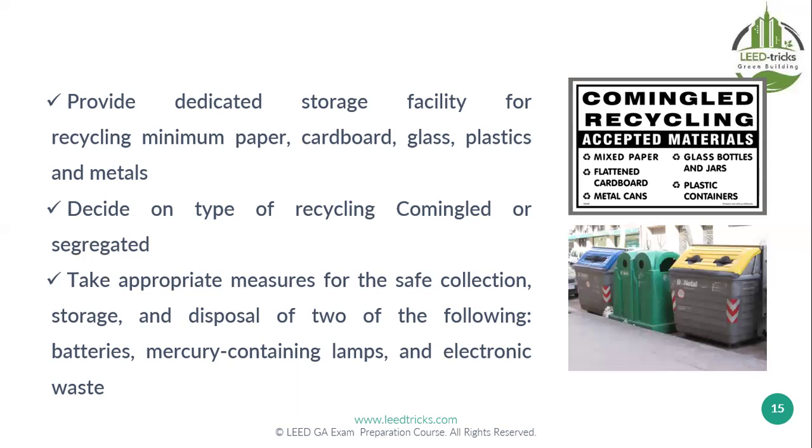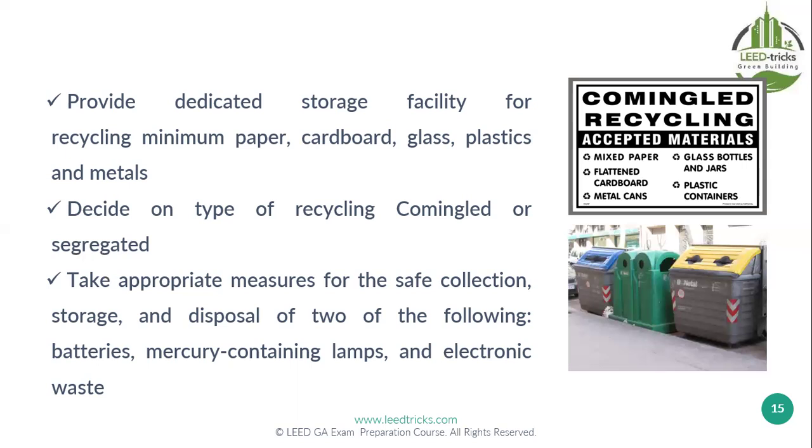We call it commingled recycling. All people will throw all five types of waste into this box. If you do it this way, you will get the prerequisite, but you will not get any credits or points. So do waste segregation on site and put different boxes.